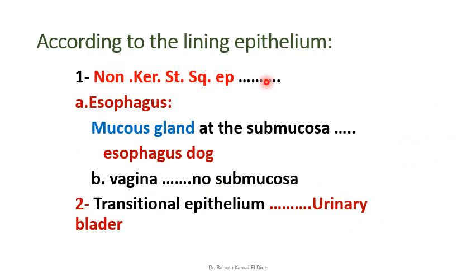According to the lining epithelium, if the epithelium is non-keratinized stratified squamous epithelium, it is one of two: esophagus and vagina. How do I know the non-keratinized stratified squamous epithelium? Wavy basement membrane.